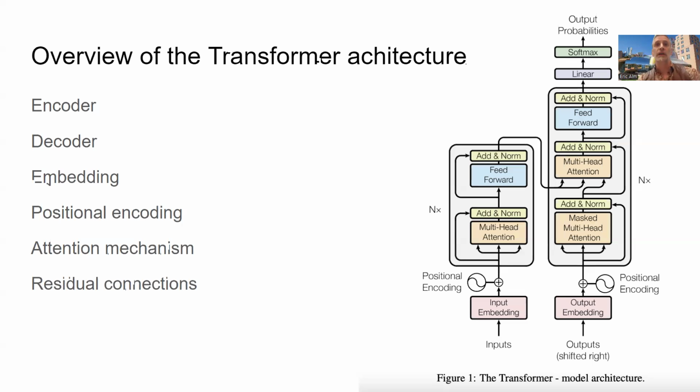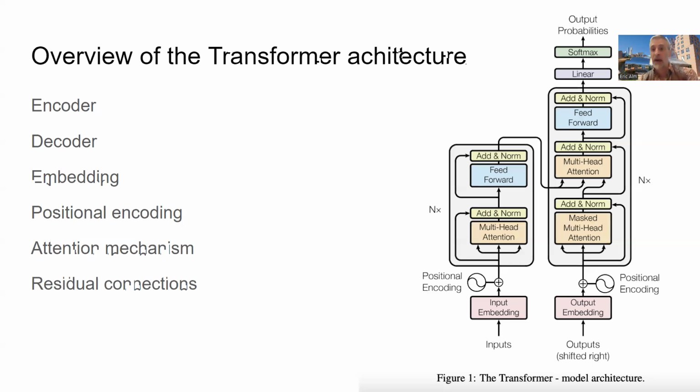This is a diagram that you'll see a lot when people are describing transformers. This is basically figure 1 from the Attention is All You Need paper. I want to go through all of these steps and point out what's going on, just so you have some understanding of it. This is an encoder-decoder model.